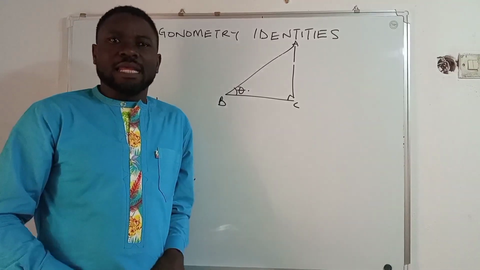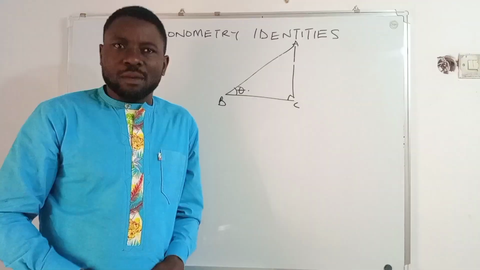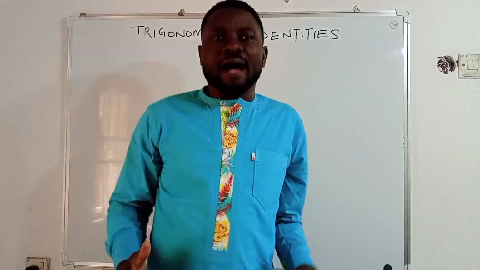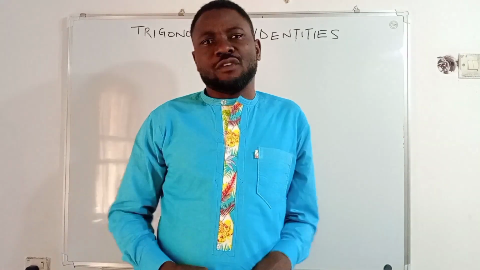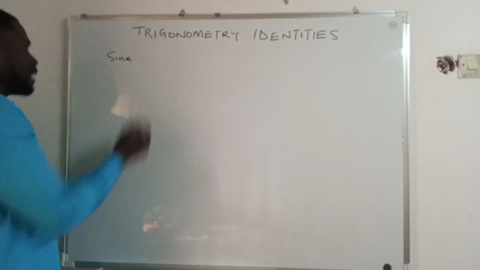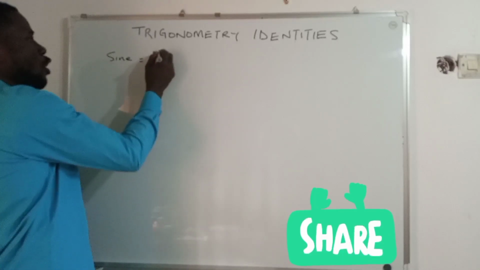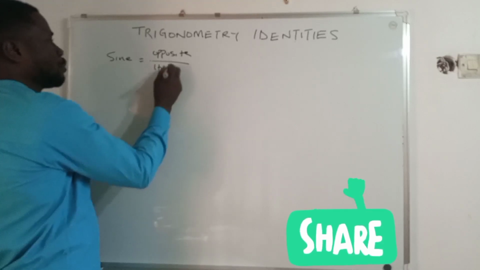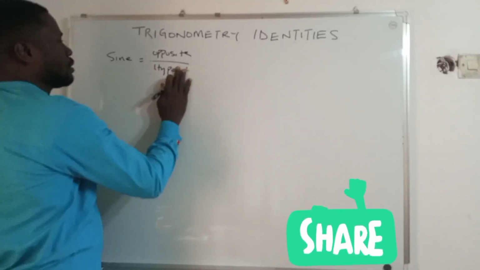Today, like I said earlier, we will anchor our problems on trigonometric identities. Let's try to define these specific functions. Sine is always defined as opposite all over hypotenuse.